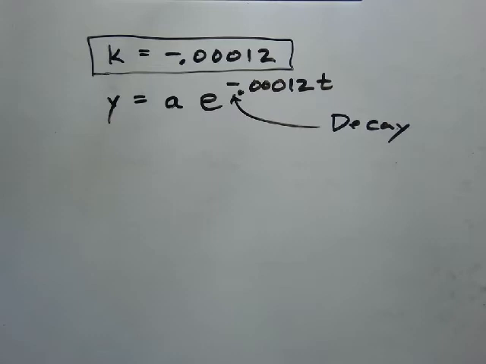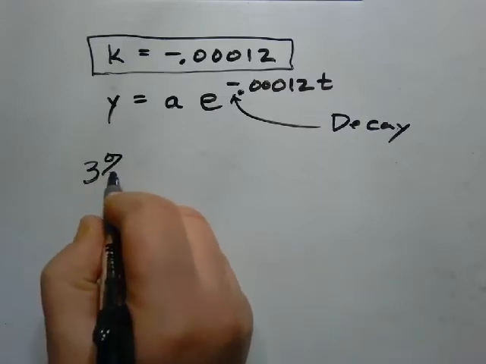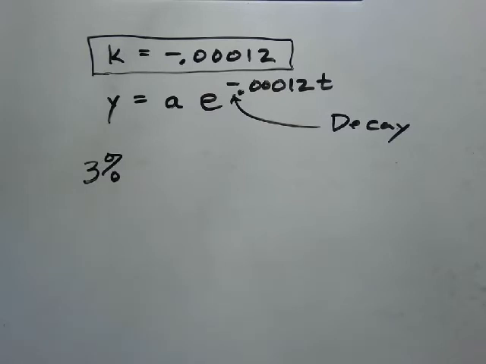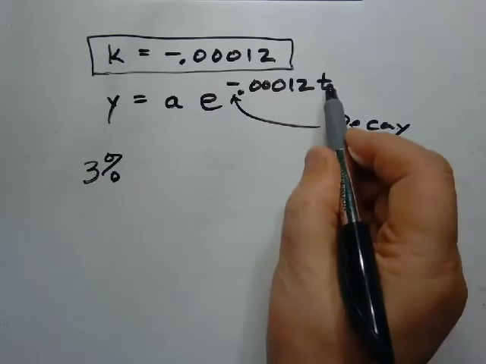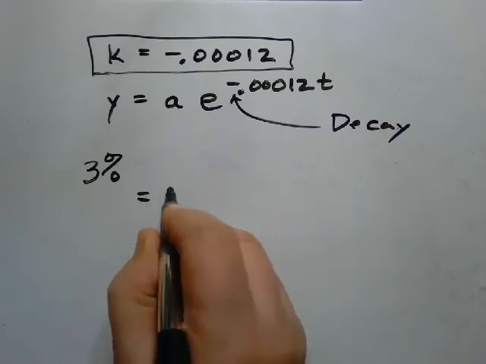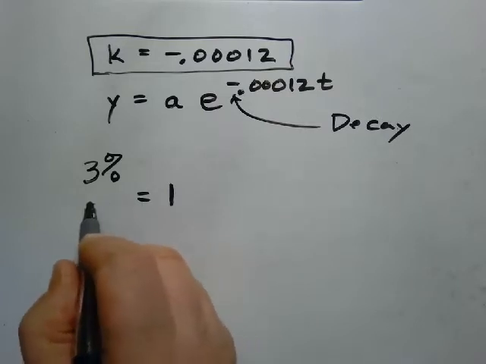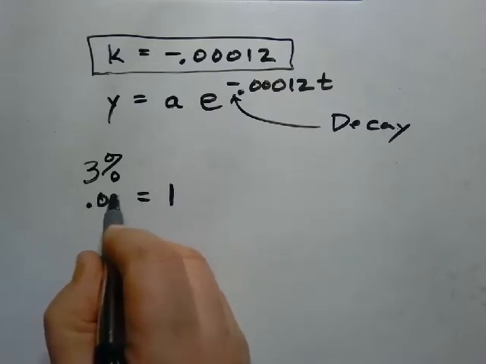Let's say a woolly mammoth bones determined there was 3% of the carbon-14 left in the item. How long ago would that have been? Well, 3%. Let's go ahead and if we put a 1 in here for a, 3% of that would be 0.03.